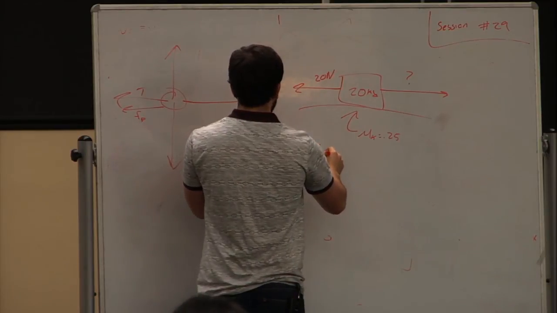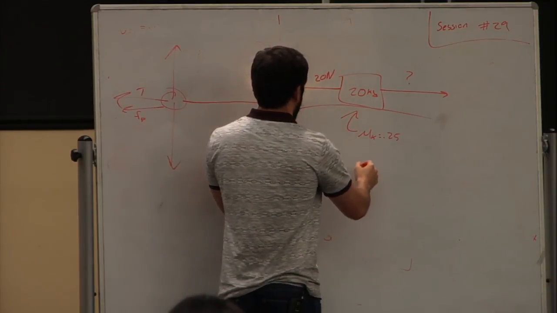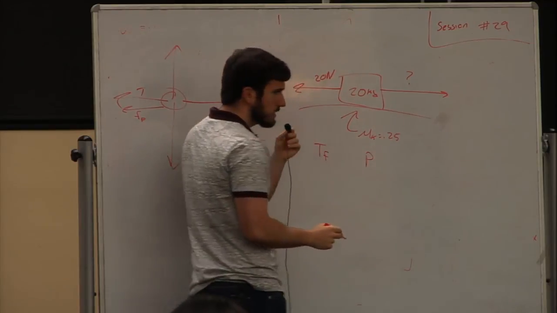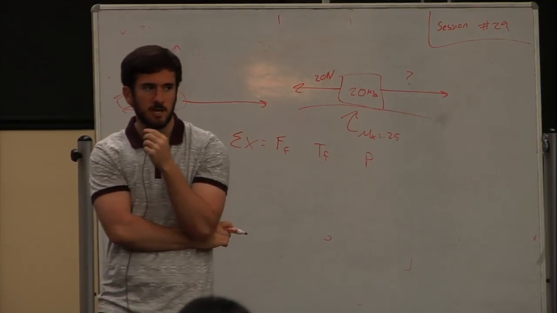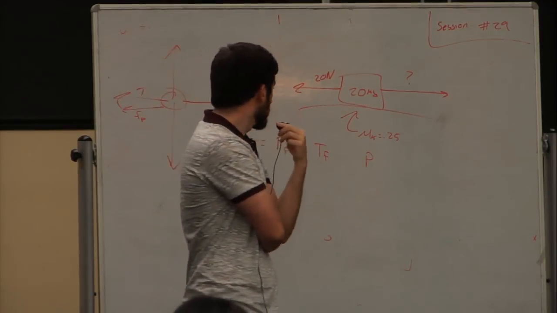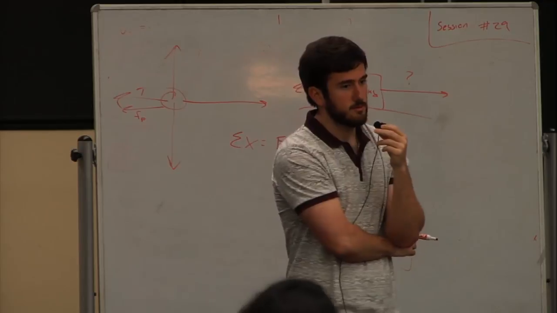Is friction force positive or negative? Negative, good, because it's acting to the left. That also means that tension force is going to be negative, and our pulling force will be positive.